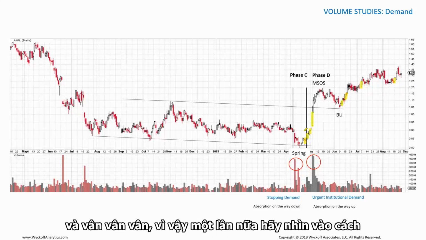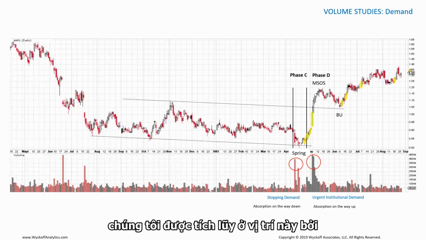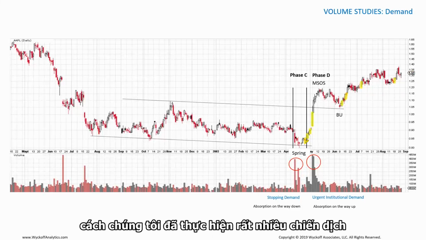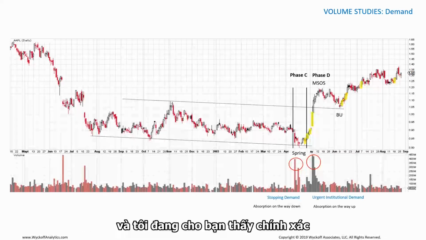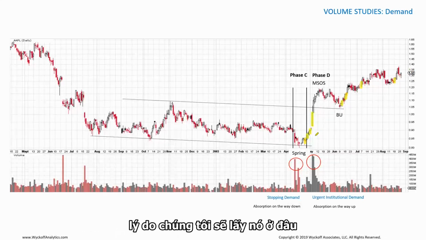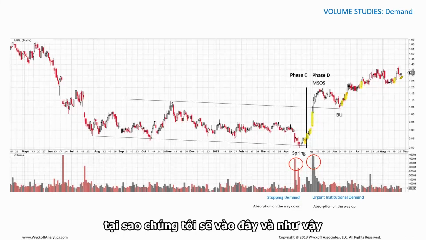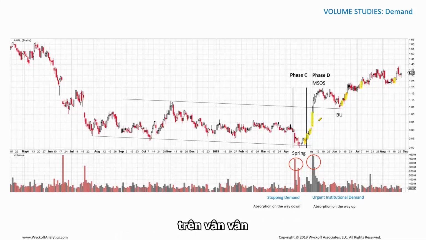So again, look at how we are accumulating this position. By the way, we've done so many campaign exercises at the Wyckoff Practicum course, and I'm showing you exactly the reasons of where we would be getting in, why we would be getting in here, and so on and so forth. So this would be the sequence of entries, possible entries.